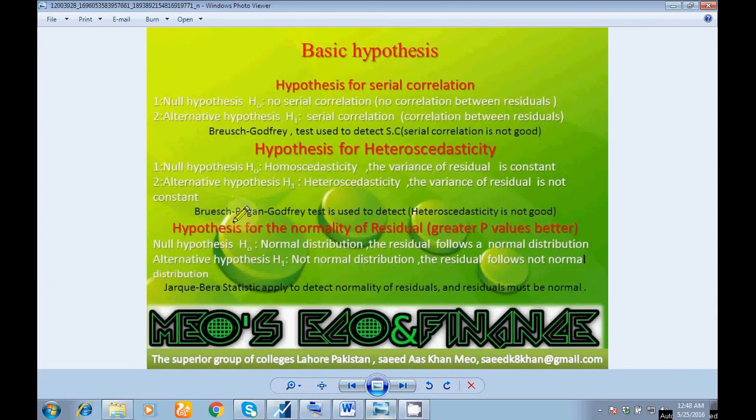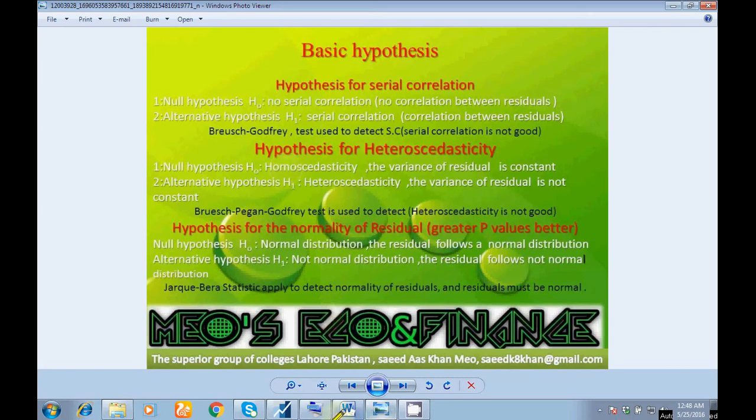The Breusch-Pagan-Godfrey test is used to detect heteroskedasticity. Heteroskedasticity is not desirable. So the null hypothesis is better, because if we accept it, there is no heteroskedasticity problem. If we accept the null hypothesis, there is homoskedasticity, meaning the variance of the residuals is constant.